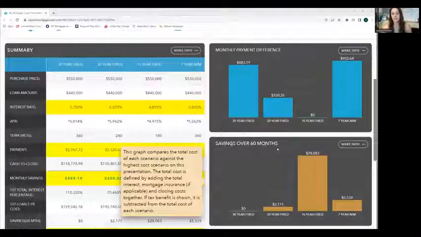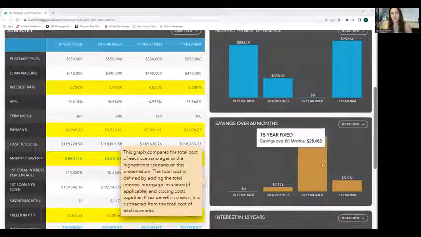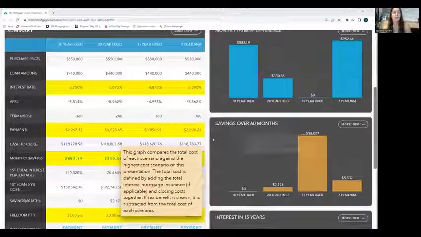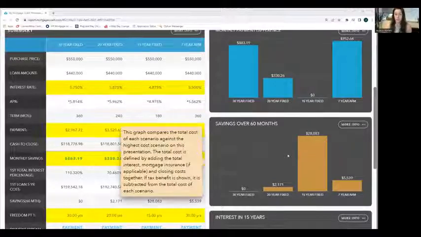Then it's going to show you savings over 60 months or 5 years. So you've got $28,000 in interest savings, which is huge, but maybe we can't afford that $3,800 a month payment. What's nice about doing 30-year or a longer term over a shorter term, depending on where you're at in your financial journey and homeownership journey, is you may have months where maybe you can't afford it, maybe you totally qualify for that higher payment.